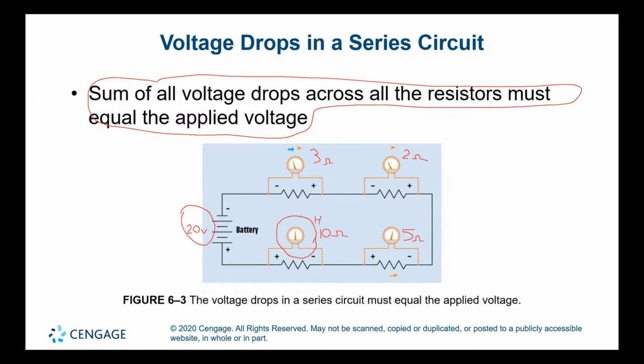In this instance, we have a series circuit. And yes, I'm gonna jump, and you are going to see one slide later, into the next rule, that the sum of all the resistive values around the closed loop is going to be equal to the total resistance. So in this case, I have 3 plus 2 ohms is equal to 5 ohms, plus 5 ohms is 10 ohms, plus 10 is equal to 20 ohms.